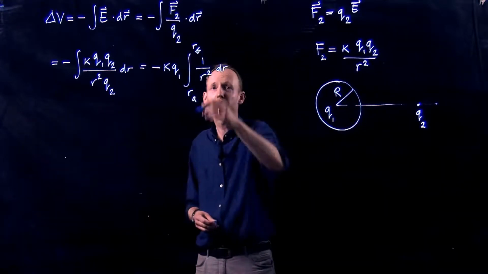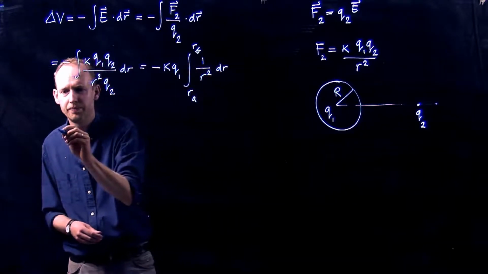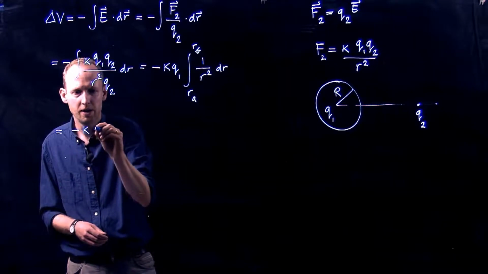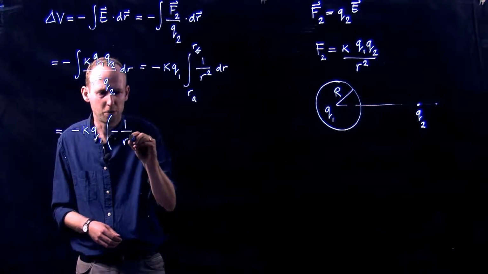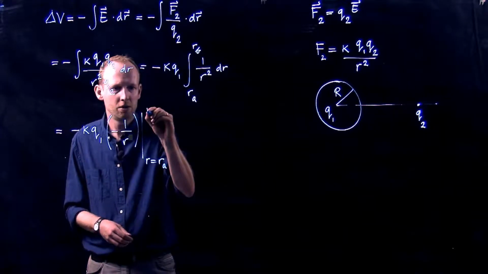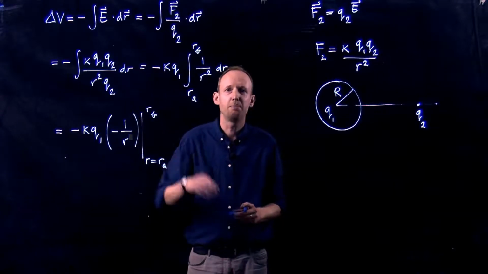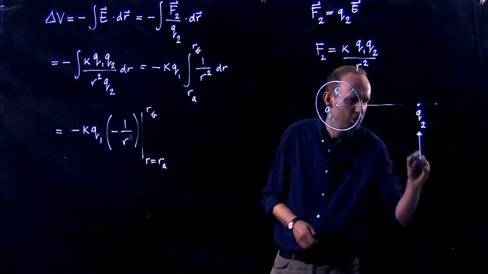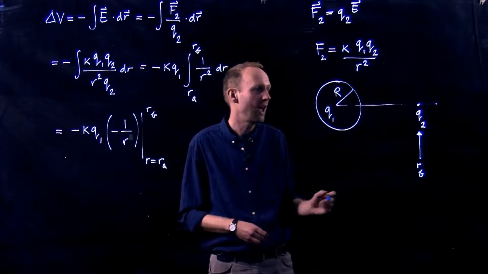So now with these boundaries, we can actually compute the integral. This can be written as minus K Q1 times minus 1 over R from R equals RA to RB. Now the way RA and RB are defined is that RB is the location of the point charge, and RA is the reference, which we always choose as infinity.